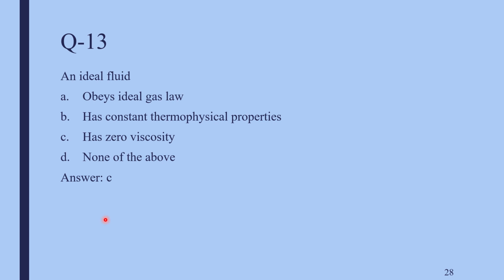Option D, none of the above. Obeying the ideal gas law comes under ideal gas; it doesn't mean it is an ideal fluid. An ideal fluid is one that is both incompressible as well as non-viscous.